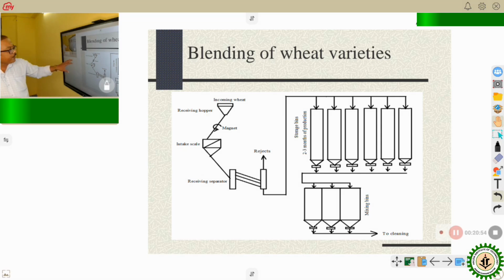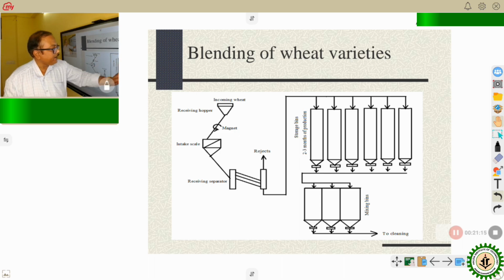Here is a diagram of this blending. First of all, receiving hopper, magnet, intake scale, that means how much quantity of this wheat is to be taken is measured, receiving separator, then these are the screens, rejects are there. Then in different silos, storages, different wheat varieties are stored.